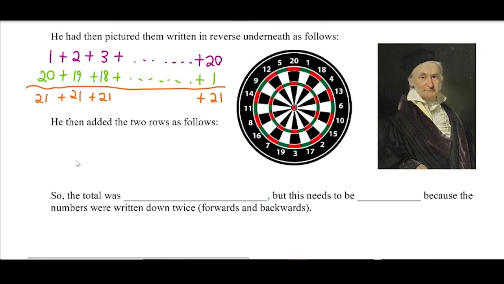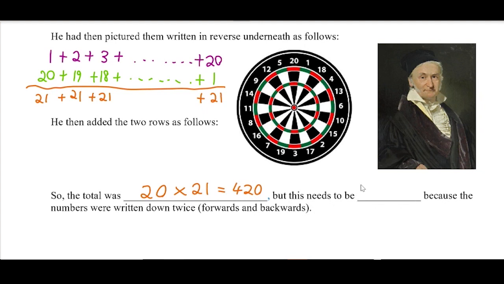So what he ends up with is 20 lots of 21, which is actually 420. Quite easy to do in one's head, because if we multiply the 10 in afterwards, in other words, we just go 2 times 21, we get 42, and then multiply by the 10, which is part of the 20, to get 420.